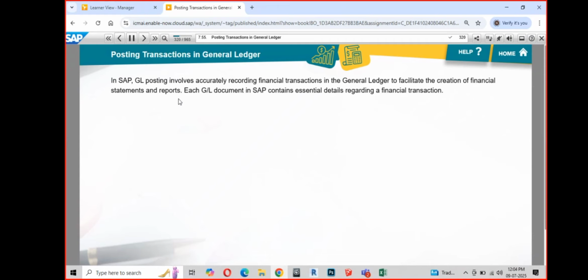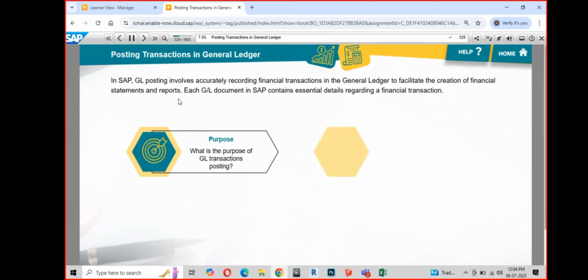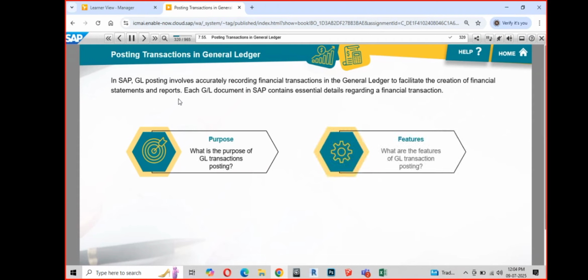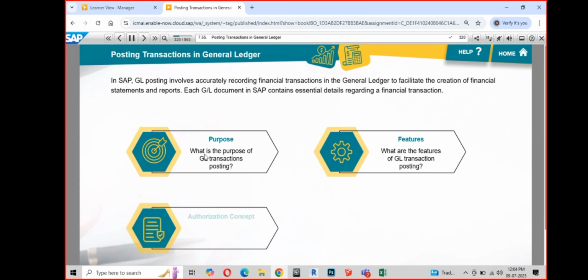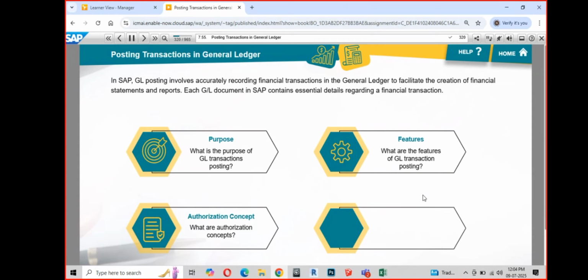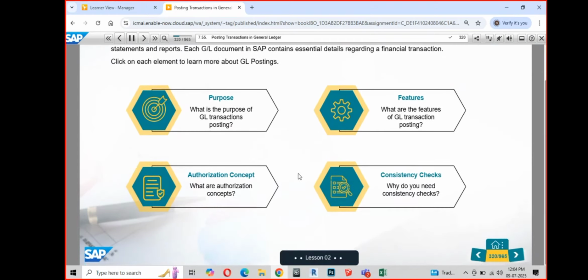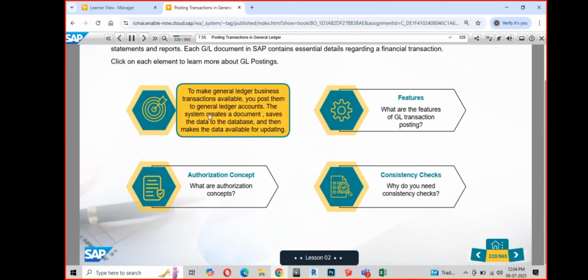This process is called posting a transaction in SAP. Right? So you can click on each and every block. Once you click on this, it tells you what exactly that particular block means.